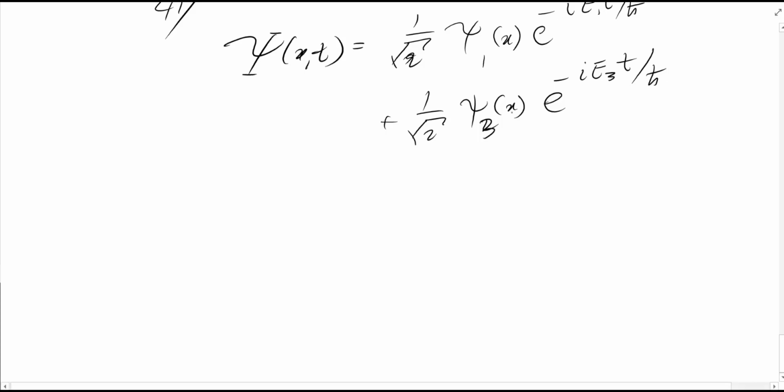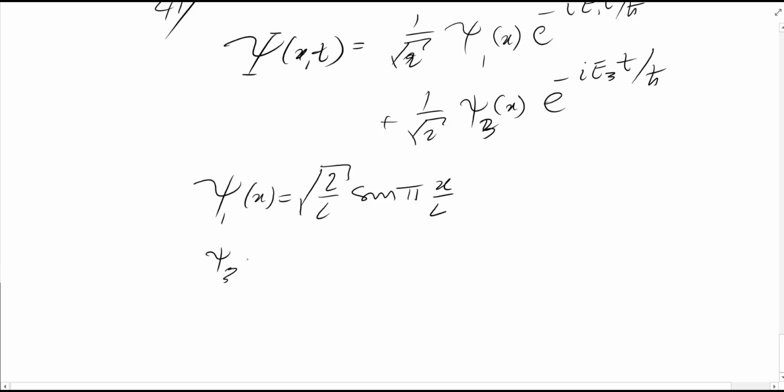So we know that psi 1 of x is equal to square root of 2 over L times sine of n, which is 1, pi x over L, and also psi 3 of x is equal to square root of 2 over L times sine of 3 pi x over L. We know it, and as a matter of fact we know the values of E1 and E3 too.